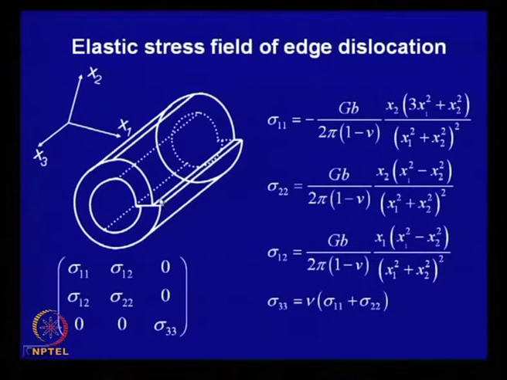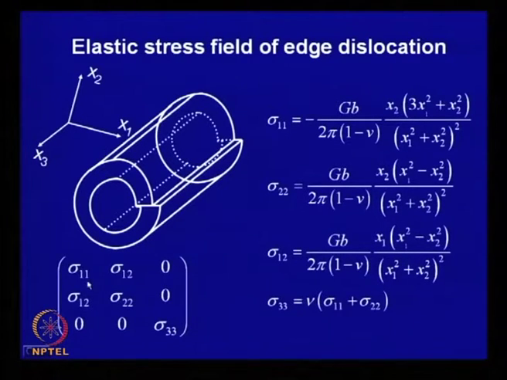So, here the step, unlike the screw dislocation, is on this face here, but here also we assume that it is a hollow core, and we will not repeat any calculation for the hollow core. And if you do this, you will find that the stress field is like this.